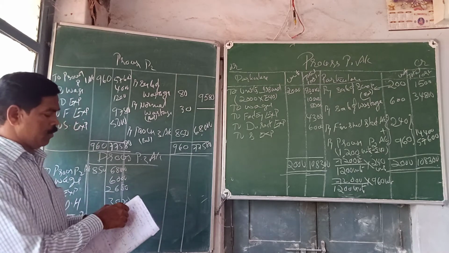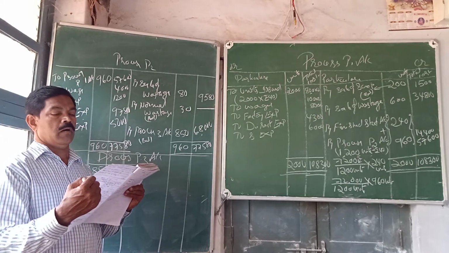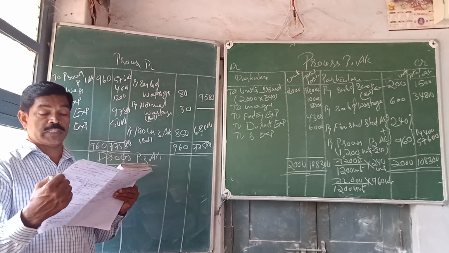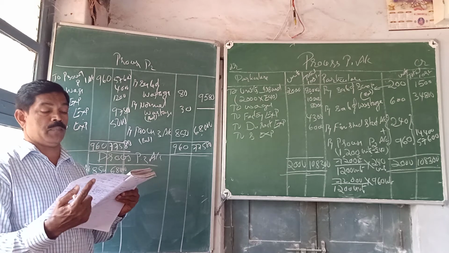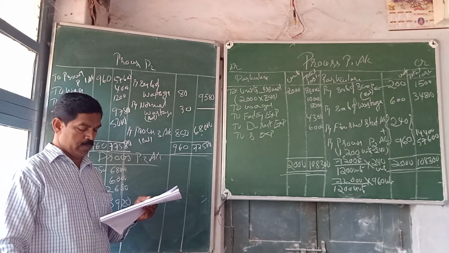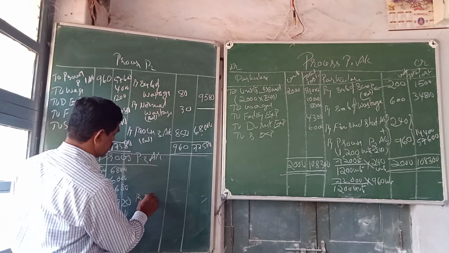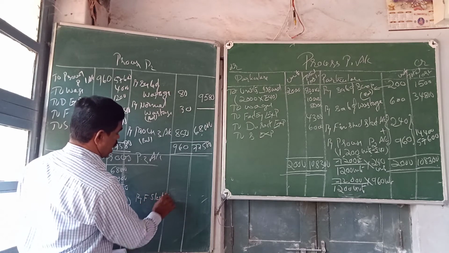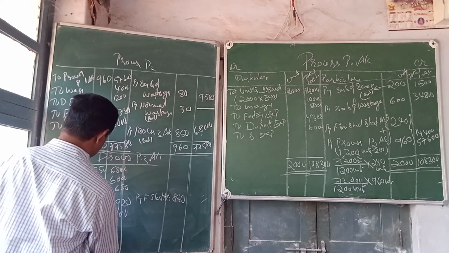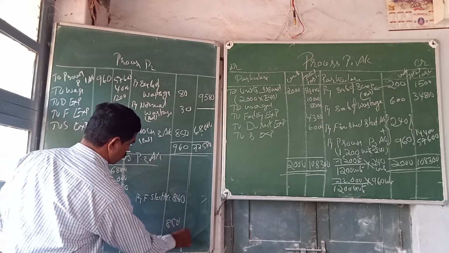On the other side, what is given? 840 is the output. Output of process P3 is sold at 120 per unit. So before the sale, the output of process 3 has to be transferred to the finished stock account. So by finished stock account, 840 units. Now you total the units column first. 850 is the units total.